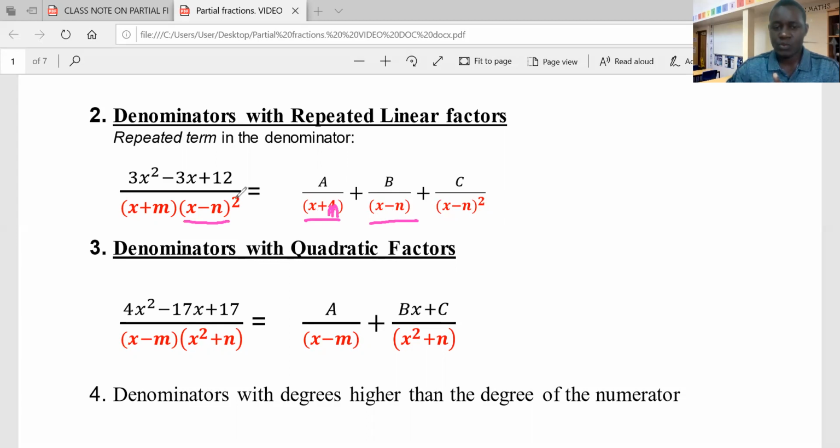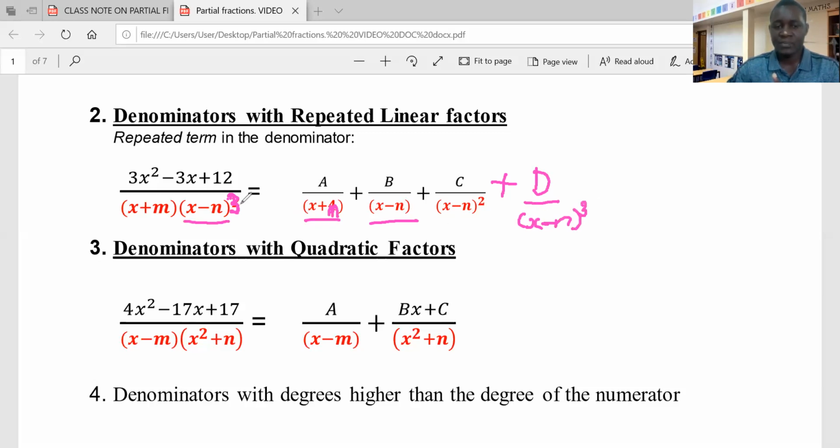Now, if this were power 3 and not 2, then we'll have a fourth fraction to complete this, probably p. Choose the letters for our constants at the top. So that would be over (x - n) to the power of 3.